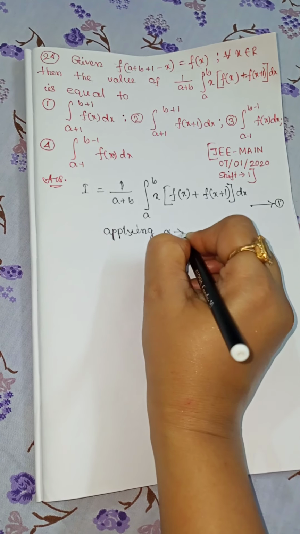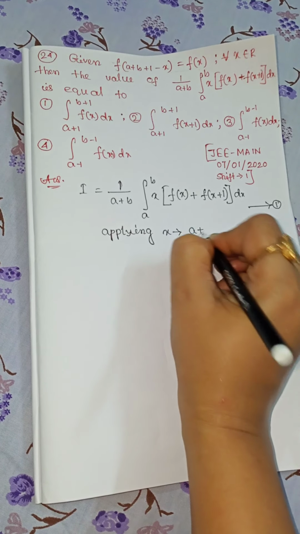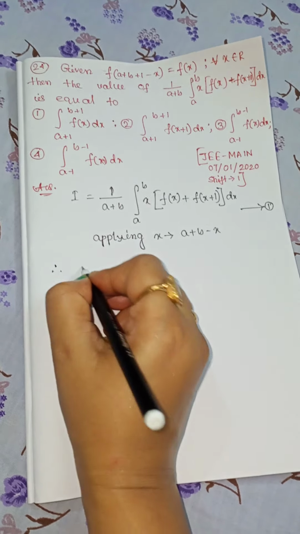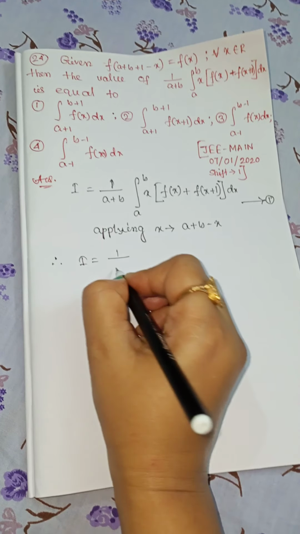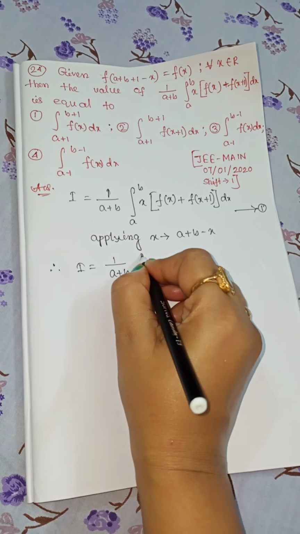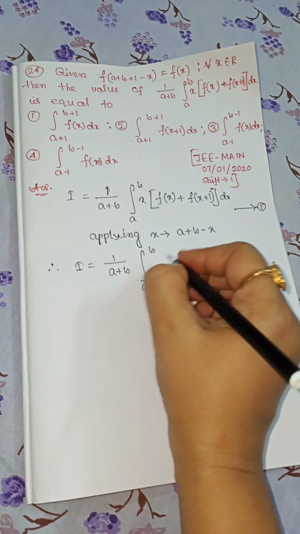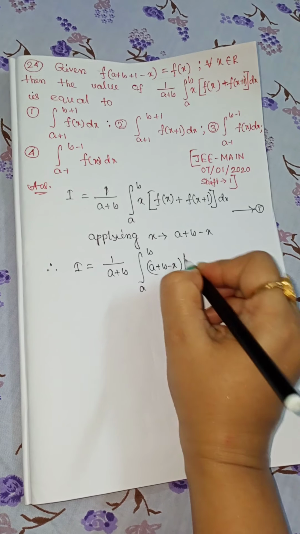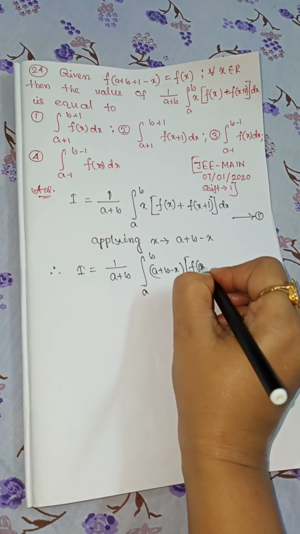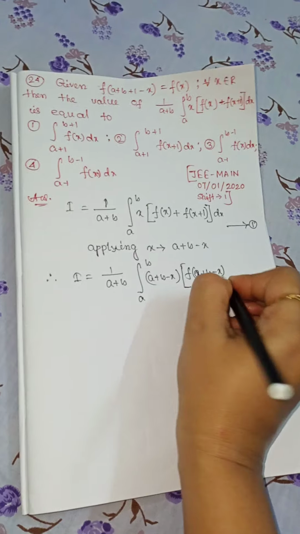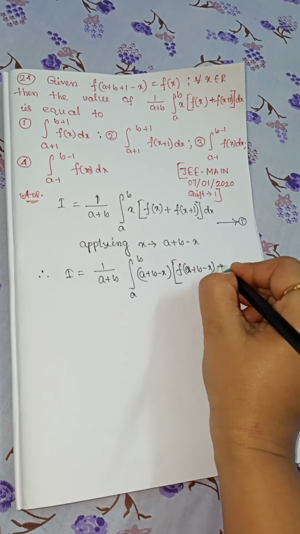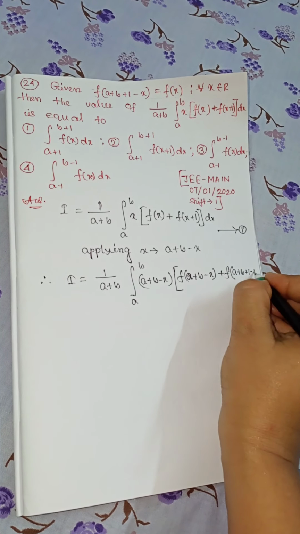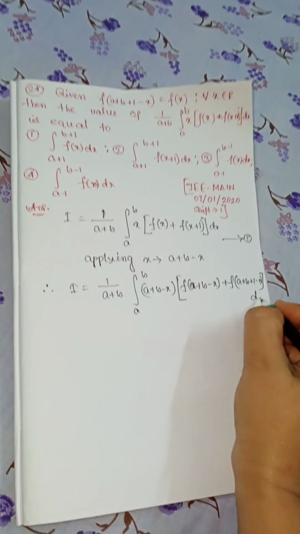Therefore our I becomes 1/(a+b) integration a to b of (a + b - x) into f(a + b - x) plus f(a + b + 1 - x) dx.